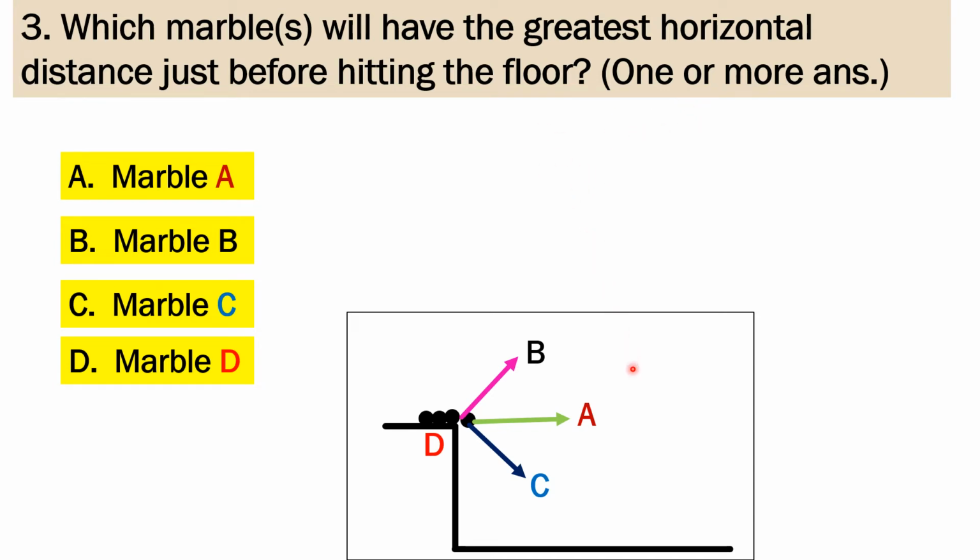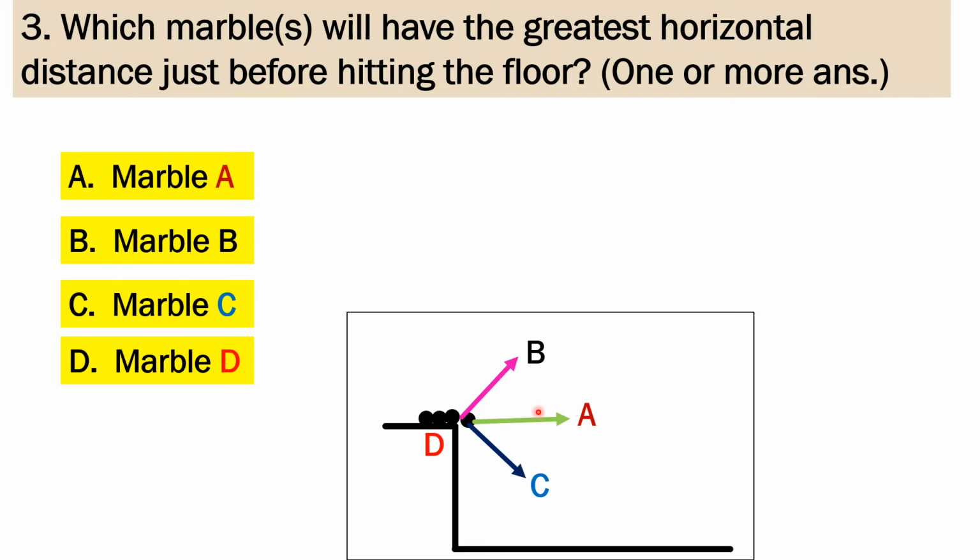Among the four marbles, obviously, marble D will no longer be moving horizontally because it has no x component of its motion. So marble D is out of the choices already. So it's only marbles A, B, and C that we're going to compare.